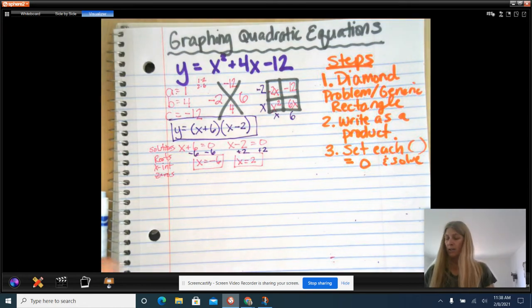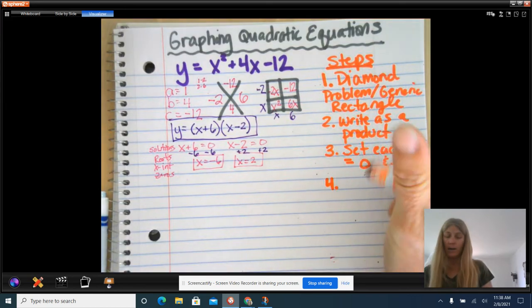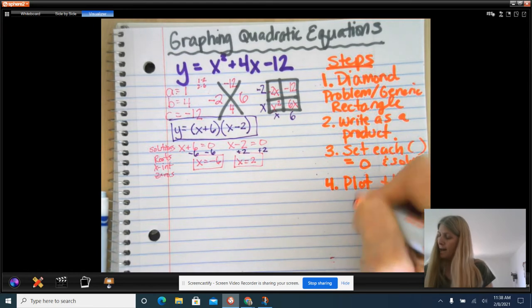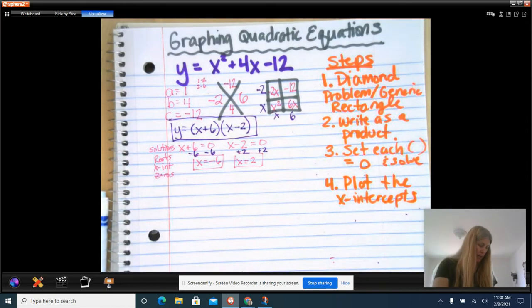Okay, so now we're actually ready to graph. So our step number 4 is going to be to plot the x-intercepts. Okay, so we're going to go ahead and plot those x-intercepts.